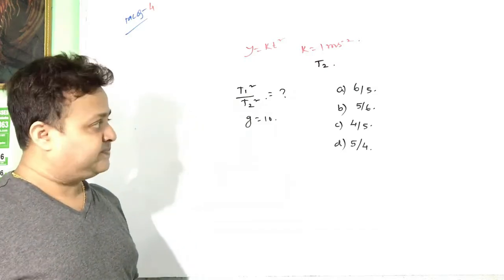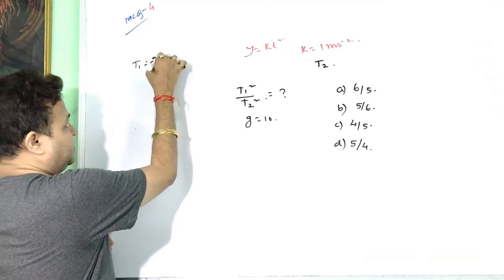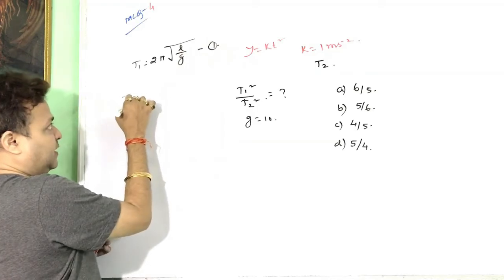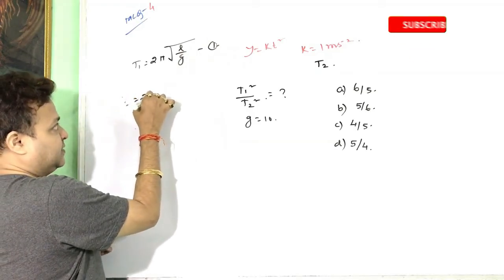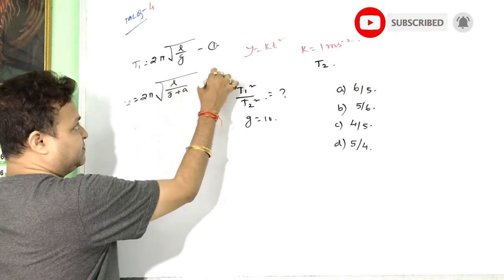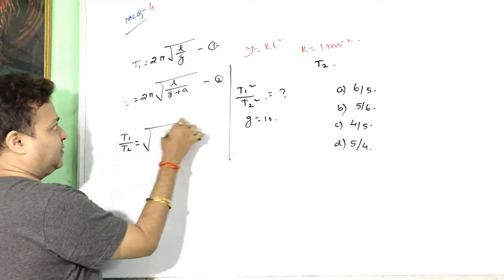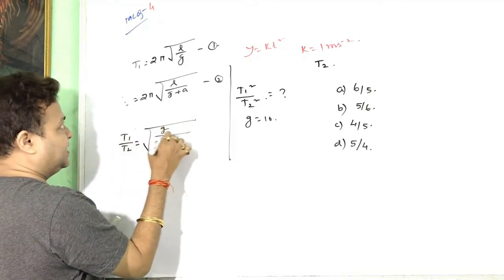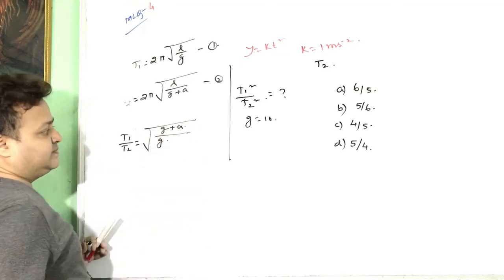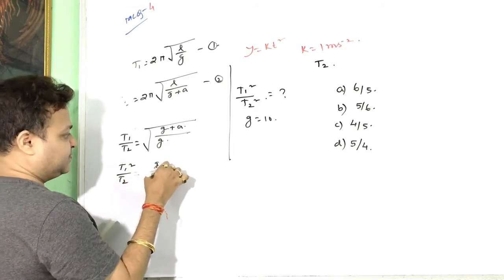Normally time period আমরা কি জানি, twice pi root of L by G. তারপরে when it is moving upward with an acceleration, L by G plus A বলেছিলাম, তাহলে T1 by T2 root of G by G plus A, or T1 square by T2 square is G divided by G plus A.